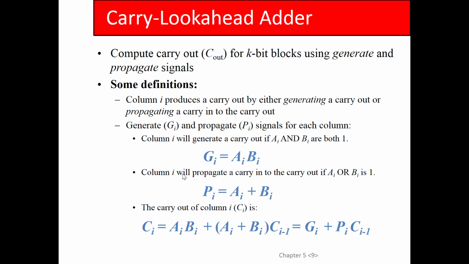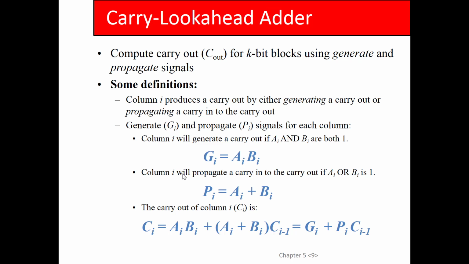Generally speaking, there's this concept of generate and propagate. Every column, and again, column refers to pairs of input bits, which in a ripple carry adder means one of the full adders in the array of full adders.